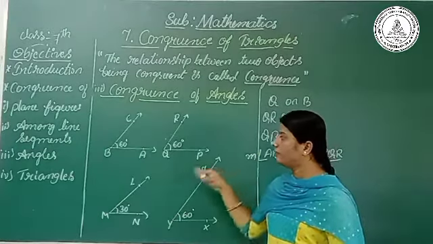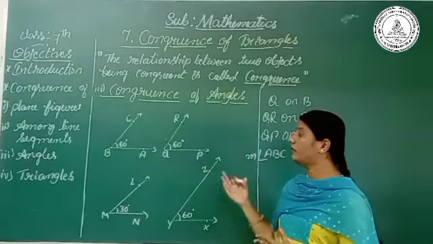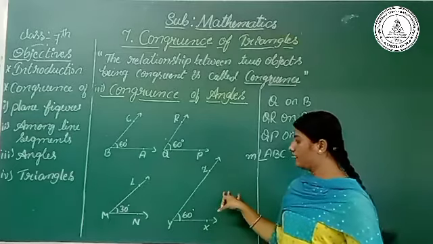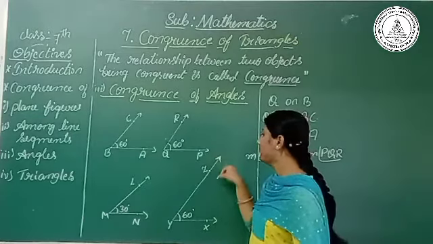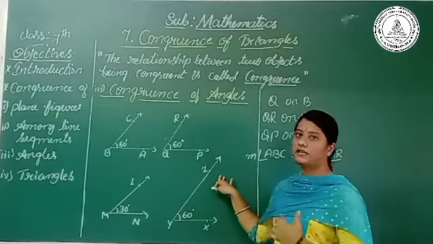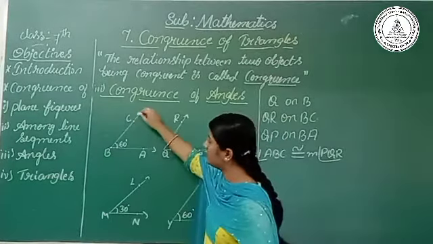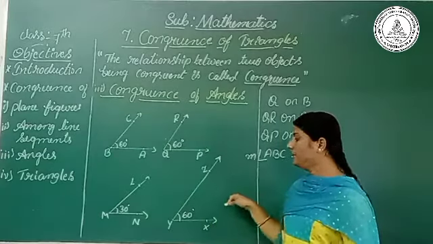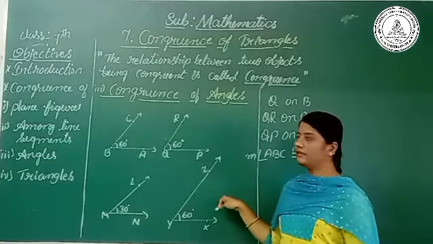While we are checking the superposition of these two angles, you don't consider the length of the ray. If you extend this ray BC also, you will get the same measure as the angle XYZ.